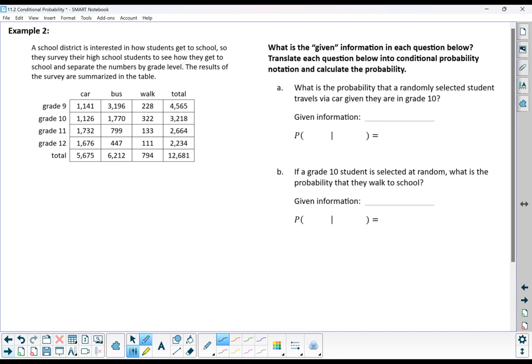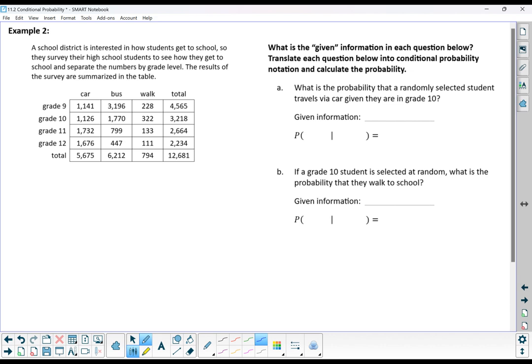So what we're going to do on this example is practice reading the sentence and converting that into the notation to help us find the probabilities. So focusing on figuring out what part of it is given and which part of it is the probability that we're calculating. So the information here is about a school district that did a survey of how their students are getting to school. So we've got grades 9 through 12. We have car, bus, walk, and so that's what we're going to be using for our probabilities here.